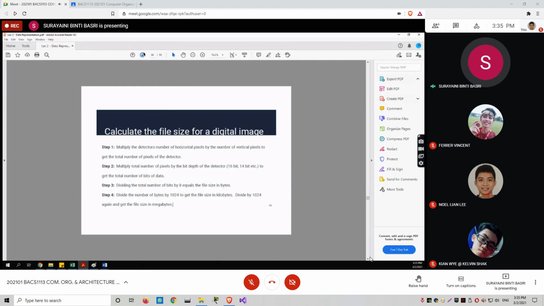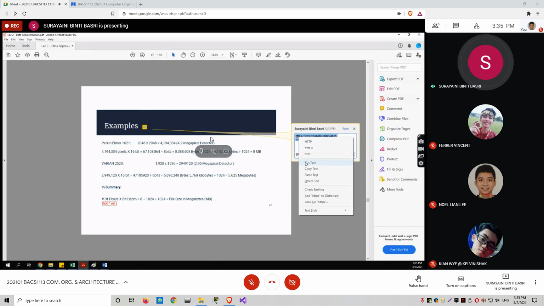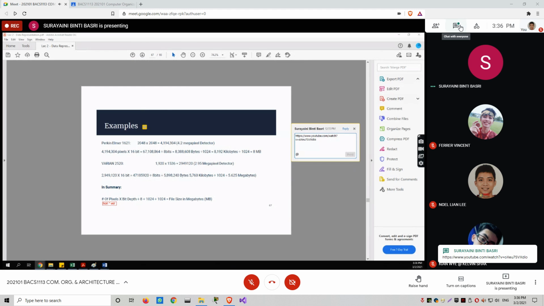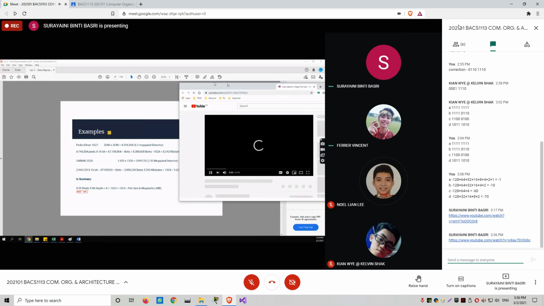So I have found a good video on how to calculate the file size of the image, and you can get it either in MB or kilobytes. So you guys watch this video first. The way it calculates in this video is easier to understand.